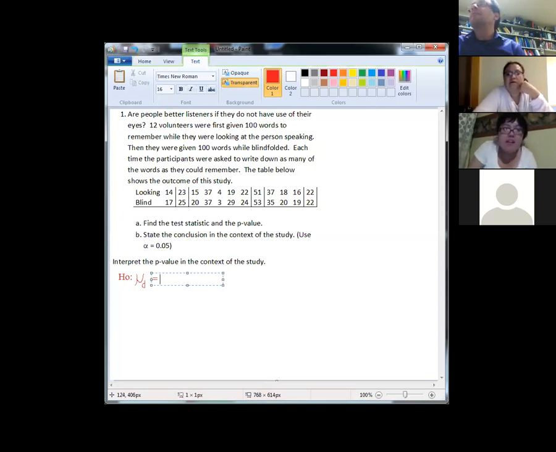No guesses? Difference. Because we want to look at the individual differences and we're going to create a new one-sample test using the differences. So we're going to go mu sub d equals 0, because if they're the same, then the difference is 0, right?